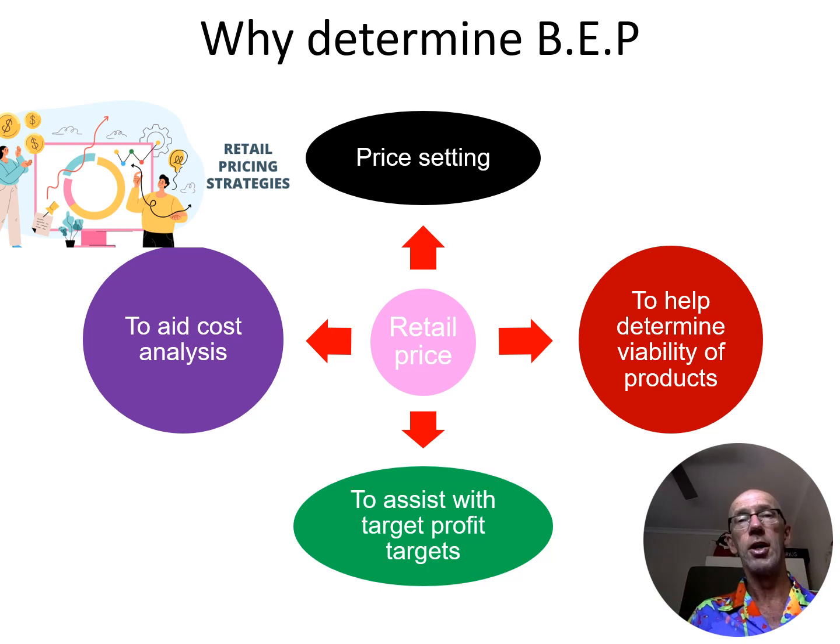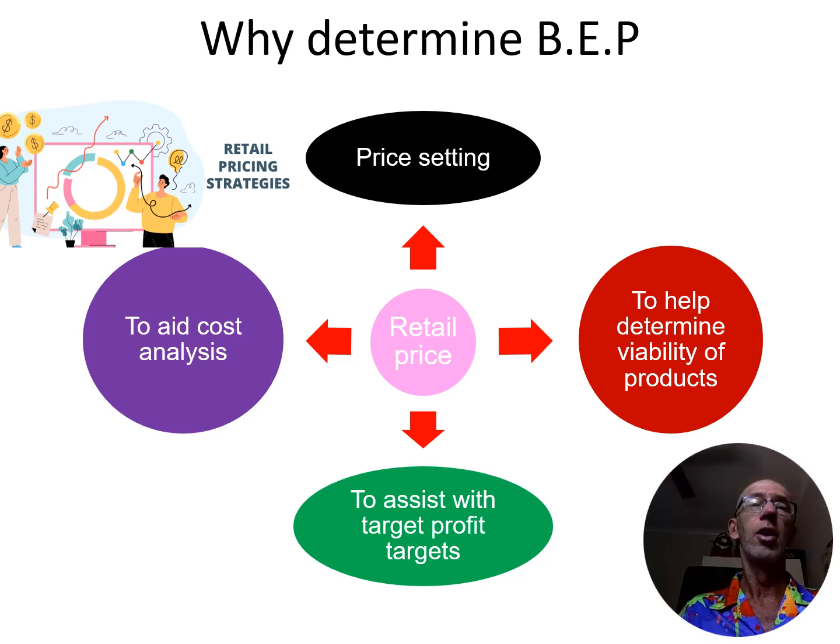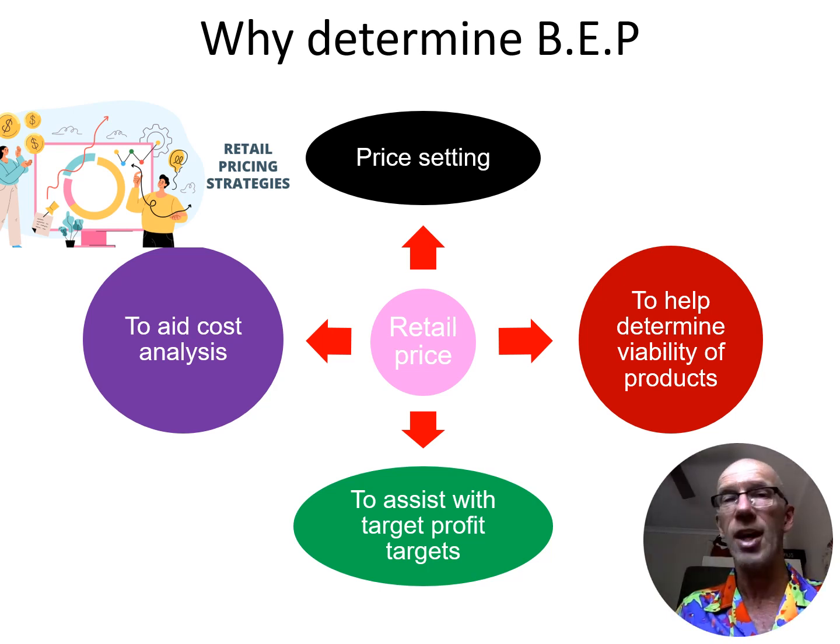If the break-even point is calculated to be excessively high, to a point where it's just simply unrealistic to be able to sell that many units in order to cover our costs, then an entity, before they lose any coin, can make the call, well, let's not launch this product. Let's look at plan B, C, or D. And finally, calculating the break-even point using the formula also helps us with target profit setting, which again, I'll keep up the sleeve for a future vid.